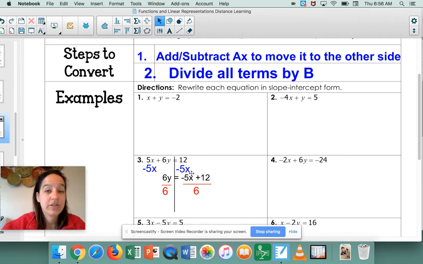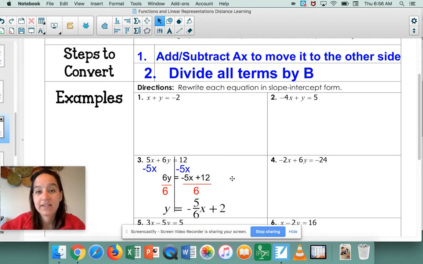Because I know this is going to be my slope, that negative 5 divided by 6, I'm going to leave it as a fraction. And so you'll see my answer is y equals negative 5/6x plus 2. Negative 5 divided by 6 is negative 5/6. 12 divided by 6 is 2.